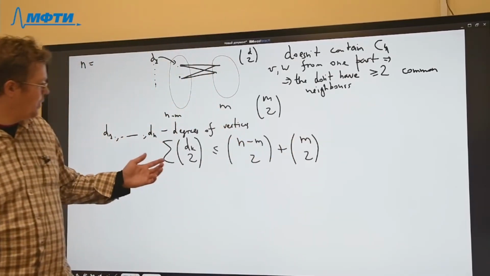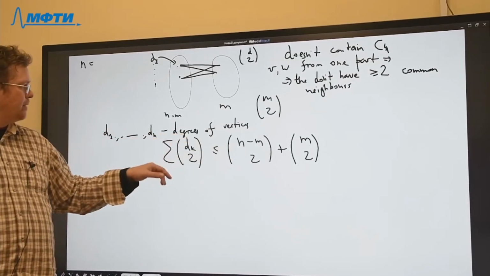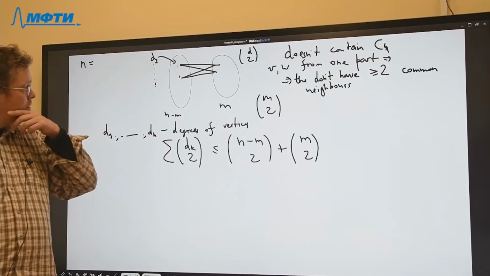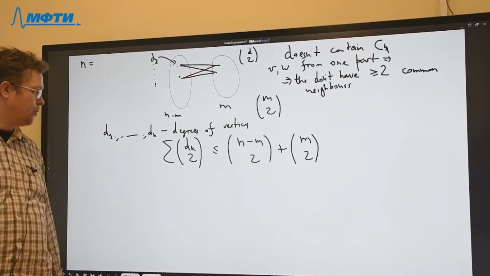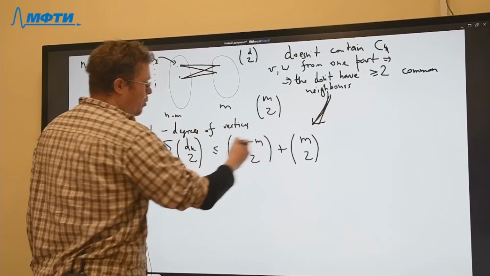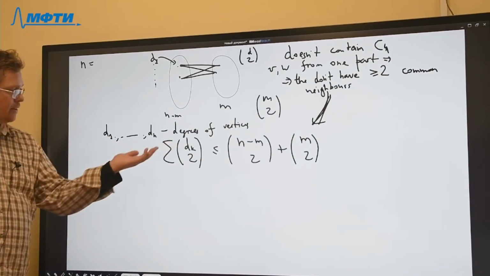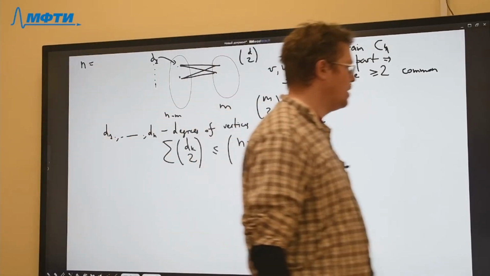If the sum exceeded this, we would have 2 vertices with 2 common neighbors, and then the graph contains C4. So we get this restriction, and now we want to write some inequalities to achieve the bound.